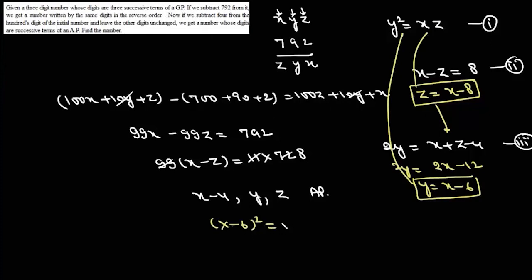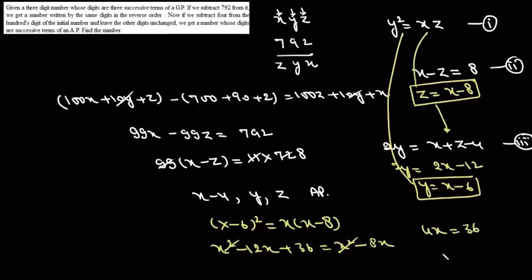So we'll get (x minus 6) whole square equals x into (x minus 8), which is x square minus 12x plus 36, and that will be equal to x square minus 8x. Now this x square will cancel, so we'll get 4x equals 36.